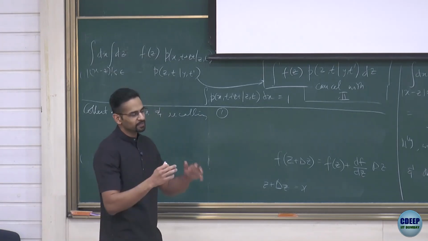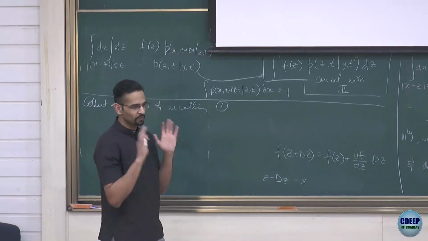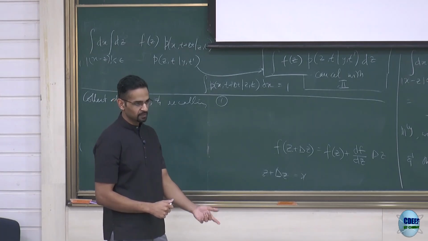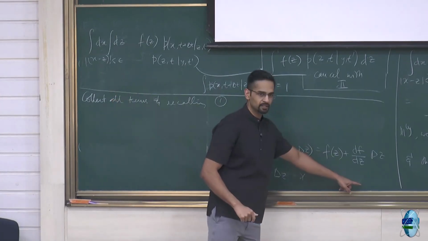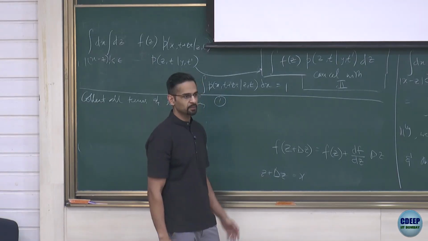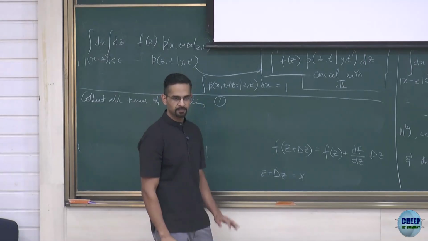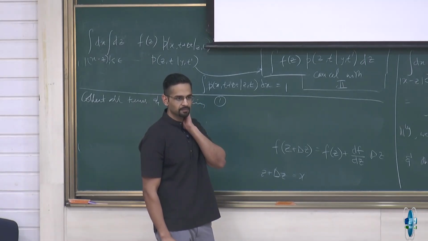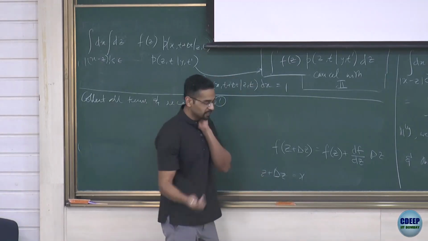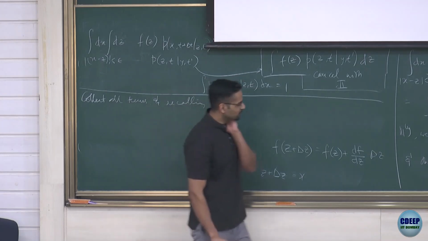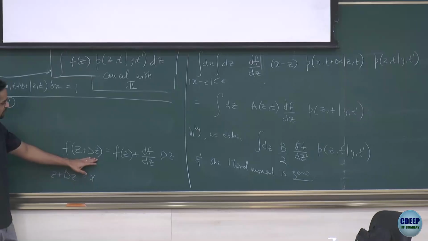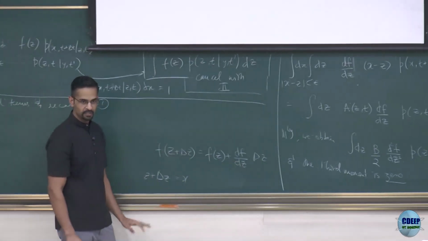If I want to be very pedantic, I would say I have a function f of z, and I'm choosing some z naught over which I want to expand. Then I would say df dz at z naught. But x doesn't enter the picture because x is just z plus delta z. So for the recording, we were trying to figure out whether this should be x or z, and if you think of it this way, it's clear that it should be df dz.